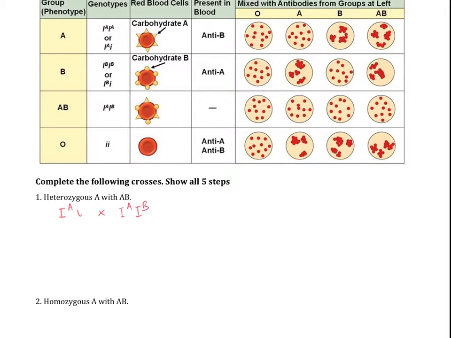Then you do your Punnett square, just like how we've always done it. Do make sure that you're writing your letters A and B as a superscript, slightly higher than the rest, because I don't want you to get confused that that's the second allele. It's not.